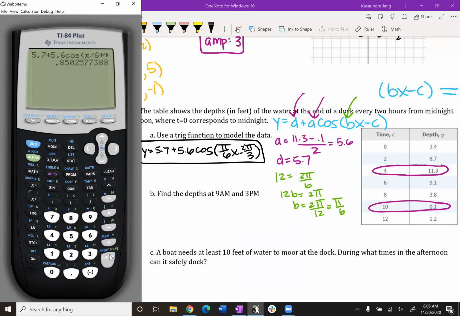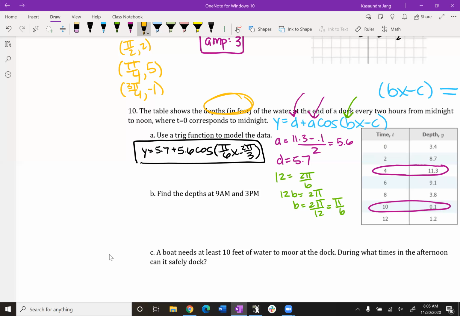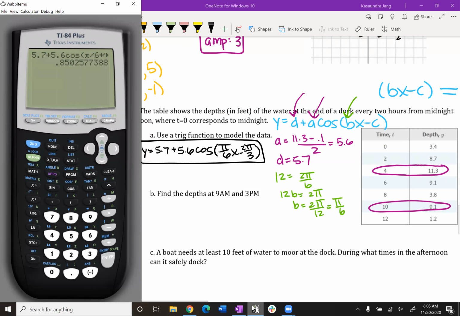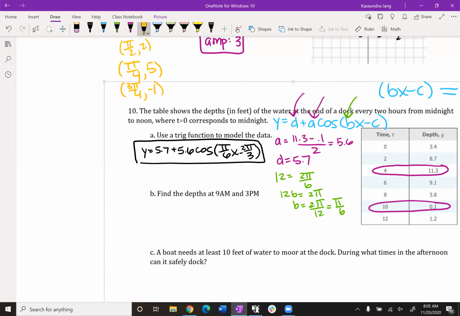All right, so this was, again, the depths. I think they were talking about in feet. Yeah, you got depths in feet here. So we just figured out we had 0.85 feet. That was the depths at 9 a.m.